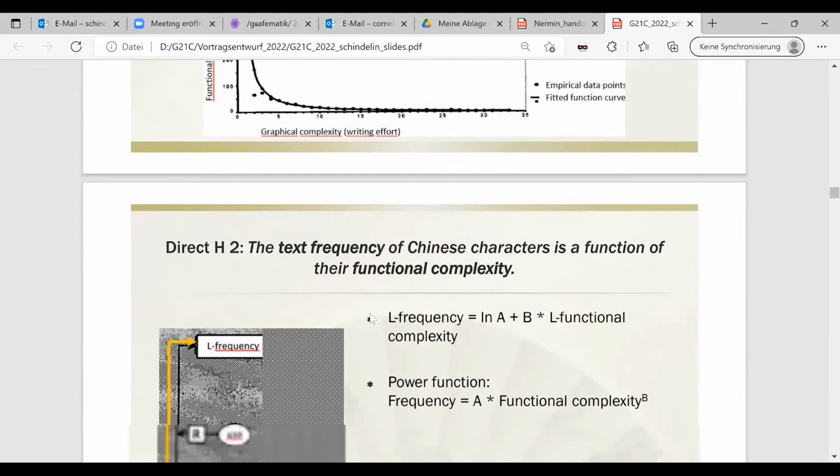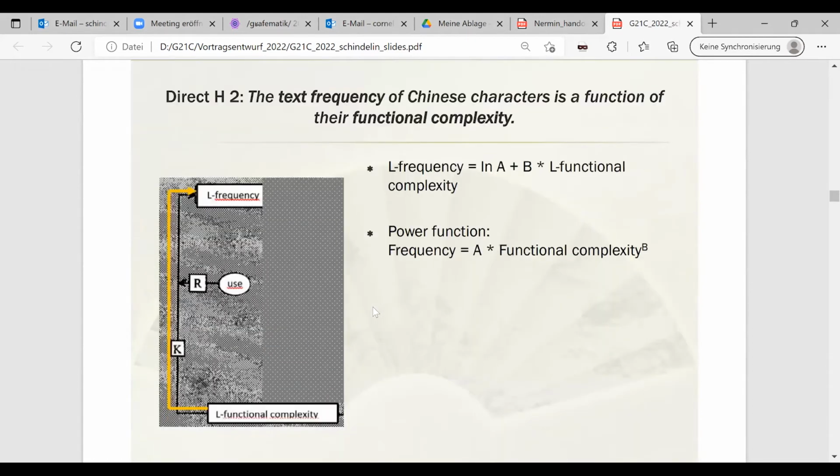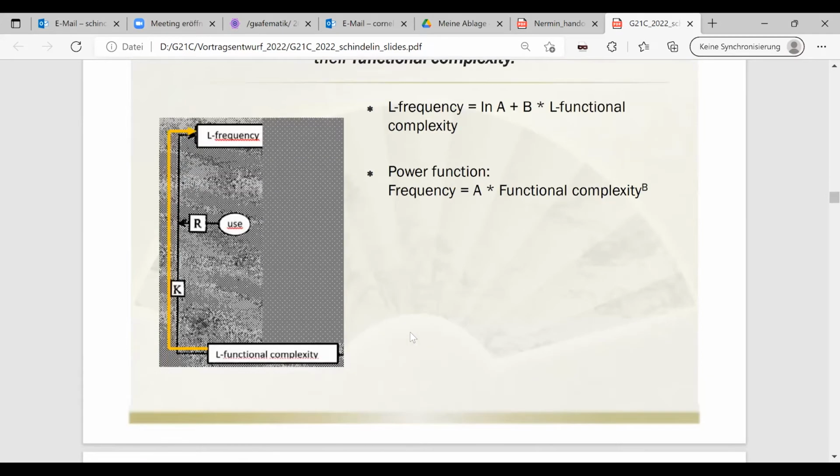So I went on to the text frequency of Chinese characters being a function of the functional complexity. The functional complexity, again, being the number of different word types a character is used in or for in the corpus. That is this part of the system.